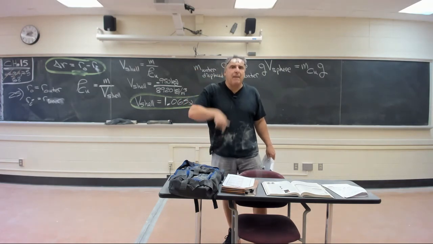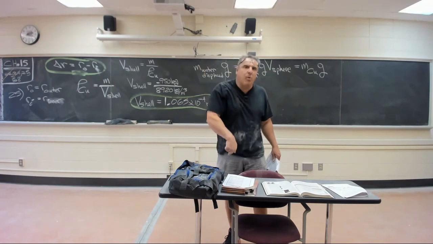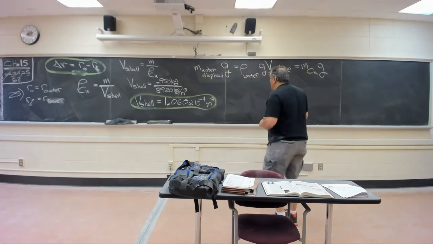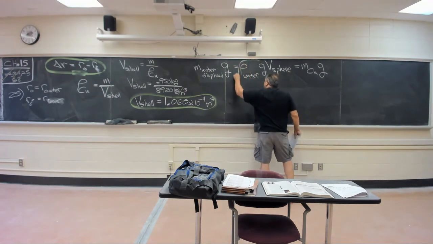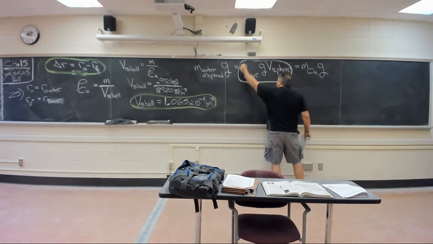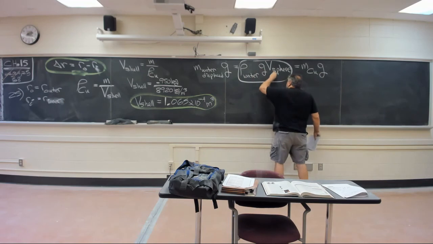That weight goes downward, and the buoyant force goes upward. So this is the buoyant force, the rho of the water times the volume of the spherical shell.